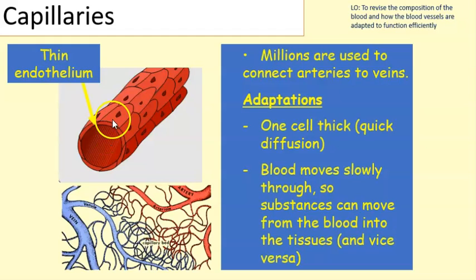And if they've only got to move through one cell, then they are going to move as efficiently as possible. Other substances will be exchanged as well, but the main exchange is the gas exchange, so the oxygen moving out of the capillaries and the carbon dioxide moving back in.